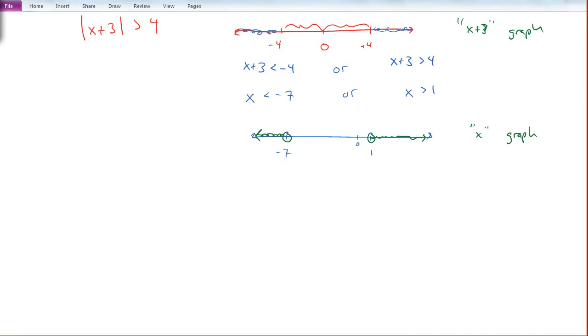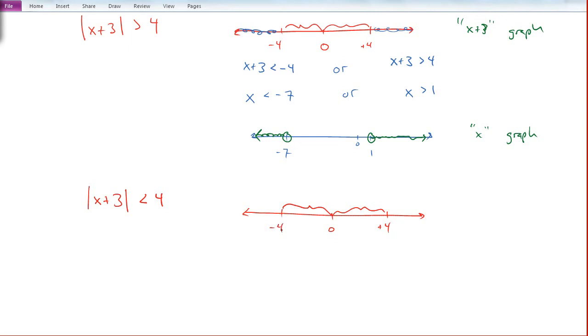Okay, now what if we try the absolute value of x plus 3 is less than 4? Okay, so I go back to my concept of the absolute value. Here's 0. Here's 4 units to the right. Here's 4 units to the left.